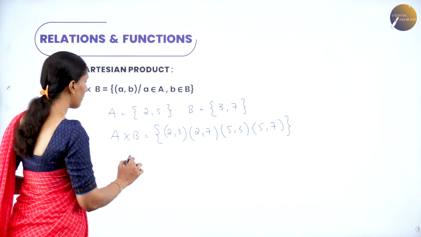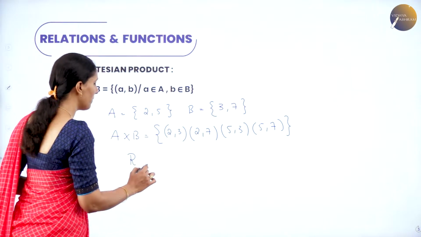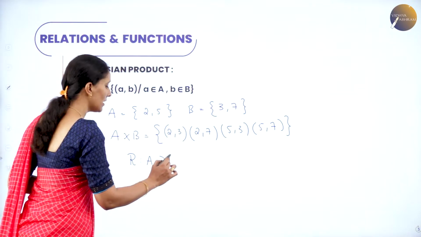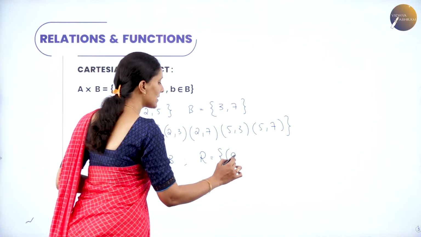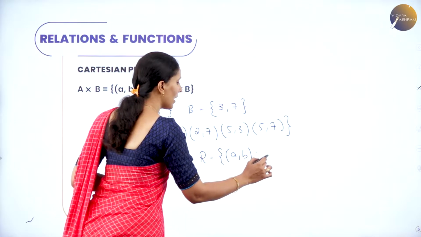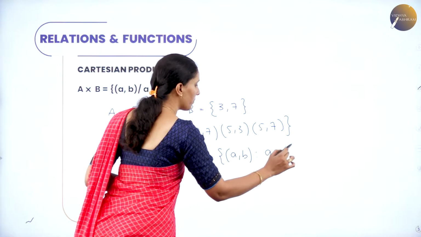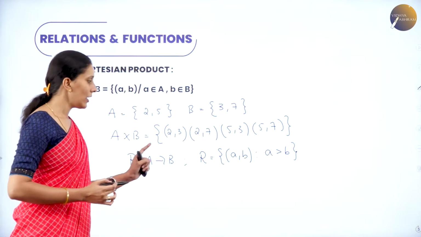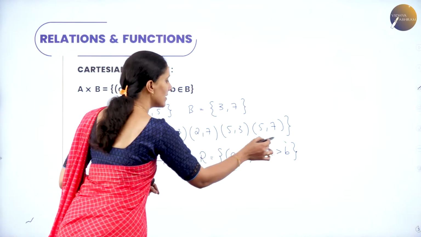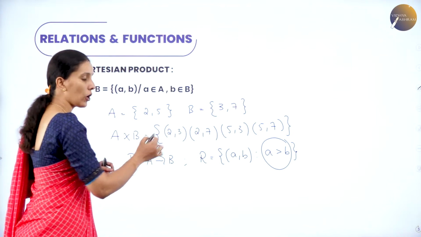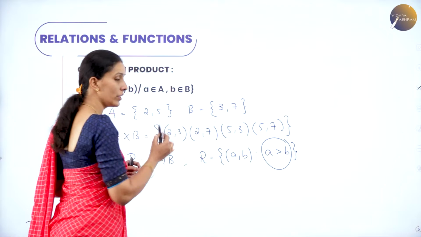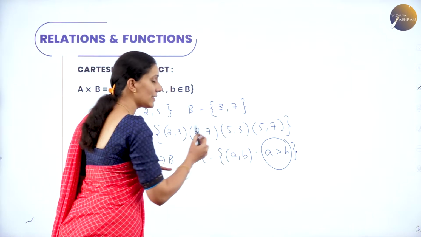Now, let me define a relation from set A to set B such that R is in the form of the ordered pairs (a, b), where a is greater than b. Do you find any ordered pair which obeys this rule? a is greater than b. See, 2 cannot be greater than 3, 2 is not greater than 7, 5 is greater than 3.